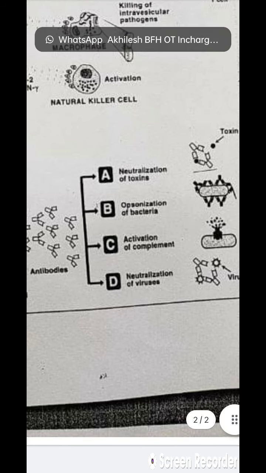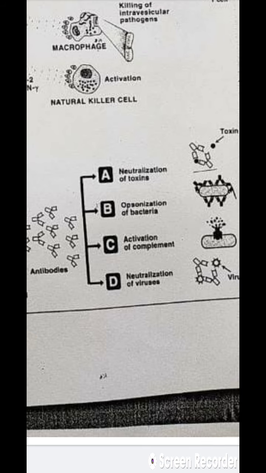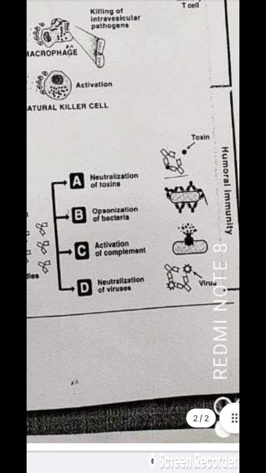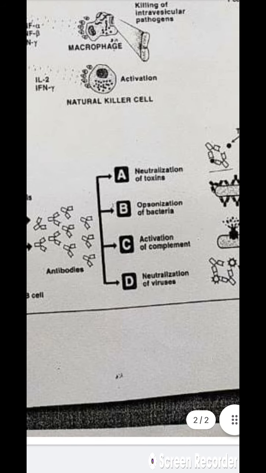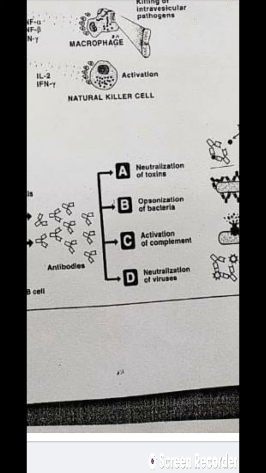So opsonization means the antibody, when it binds with the bacteria, makes the bacteria very much tasty or very much attractive to the macrophage. Okay, and macrophage can easily engulf this opsonized bacteria, and this opsonization occurs with the help of antibody.